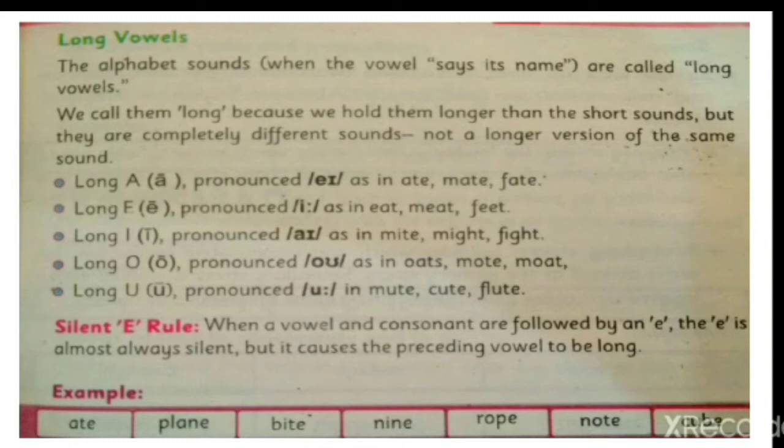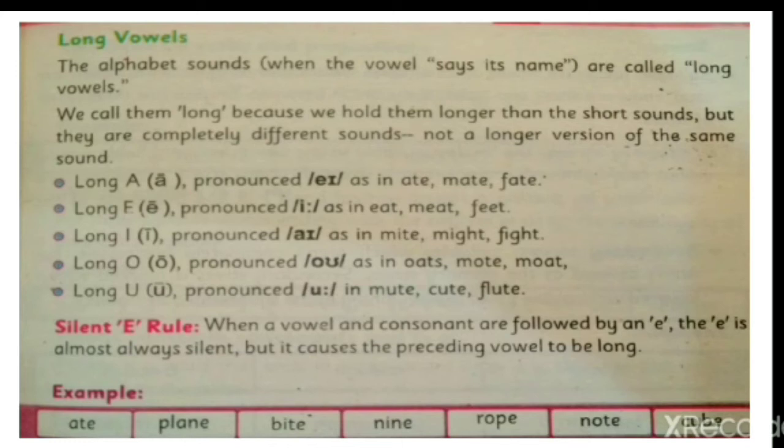So if we have a vowel before the consonant and then an e, usually the e remains silent, but the vowel that comes earlier is produced as long.